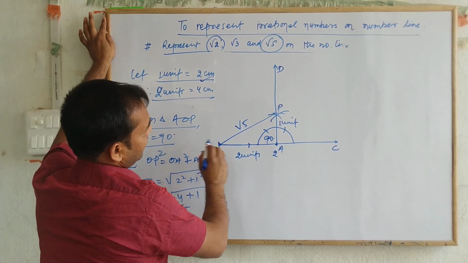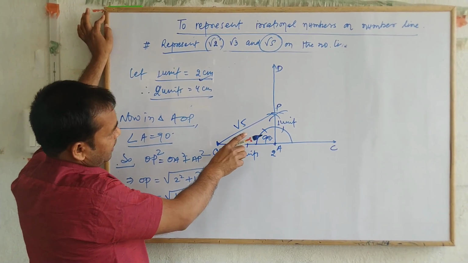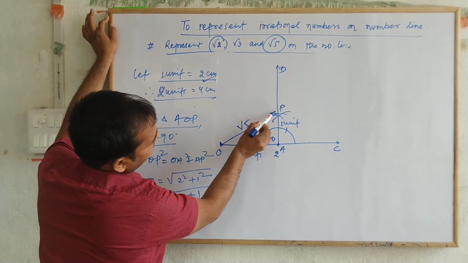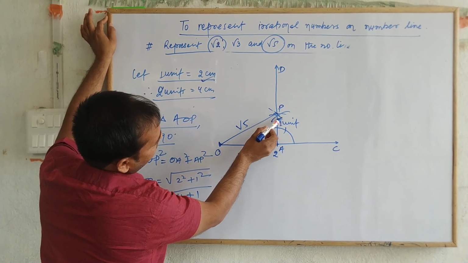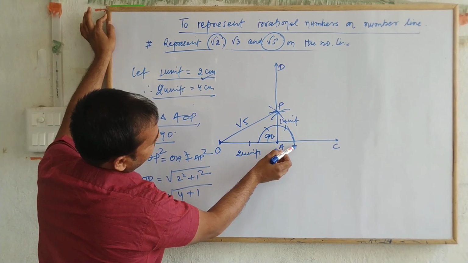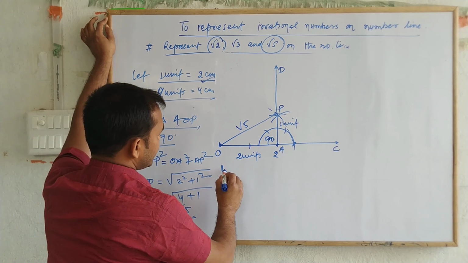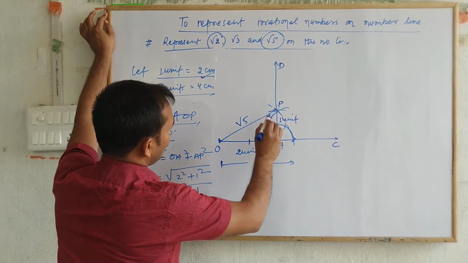Now take the compass equal to OP, and with the help of the compass draw an arc that intersects OC. OC will be equal to OP.